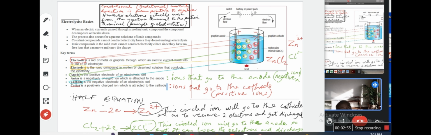But ionic compounds do not conduct electricity in their solid state. Did you hear that? They don't conduct in their solid state. So solid sodium chloride, sodium chloride is an ionic compound.